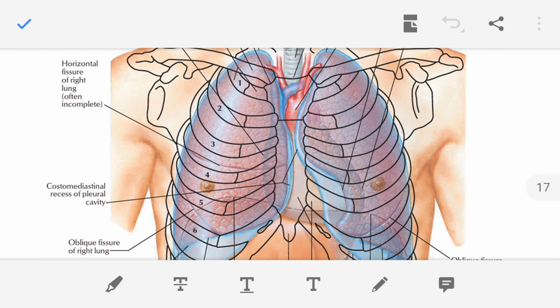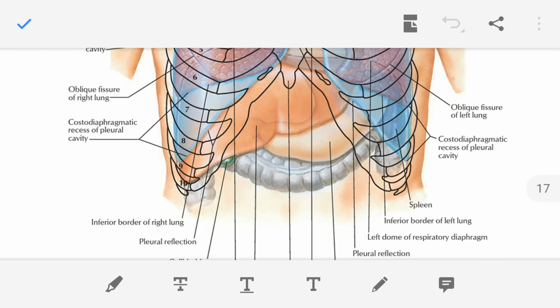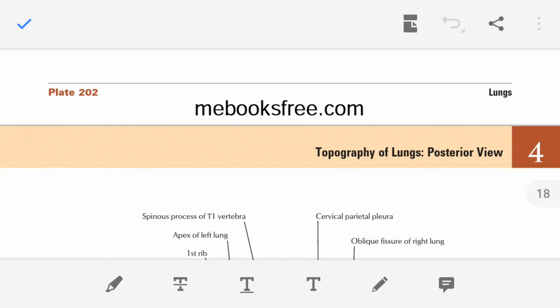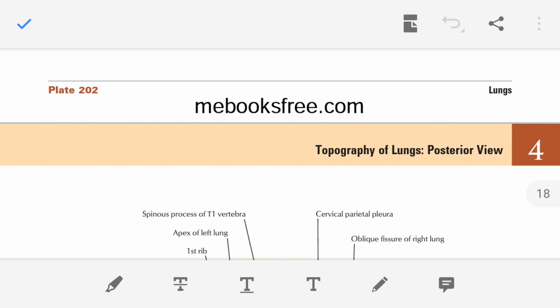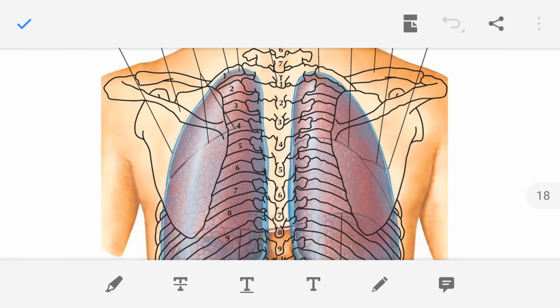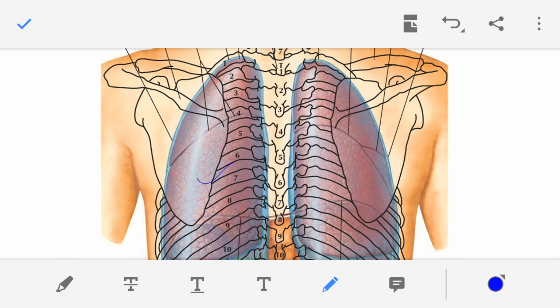Okay, then one more figure I will show you. So in this figure, what is this? Topography of lung, posterior view, and in the posterior view you see the lungs are shown red in color, and these are the ribs.